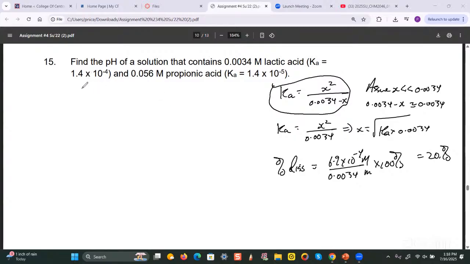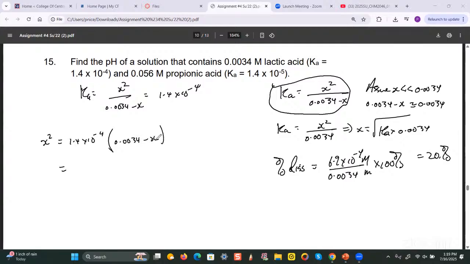Ka is equal to X squared over 0.0034 minus X, right? And Ka is equal to 1.4 times 10 to the minus 4. So we have to cross multiply. You're going to get X squared is equal to 1.4 times 10 to the minus 4 times 0.0034 minus X. And then we have to distribute that.